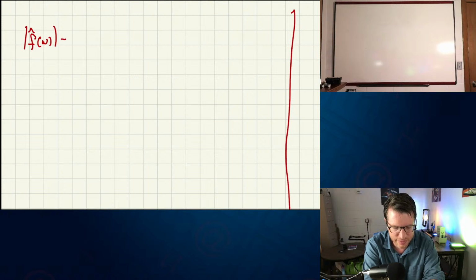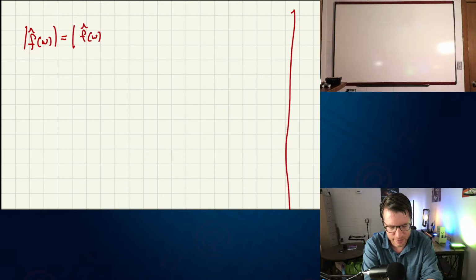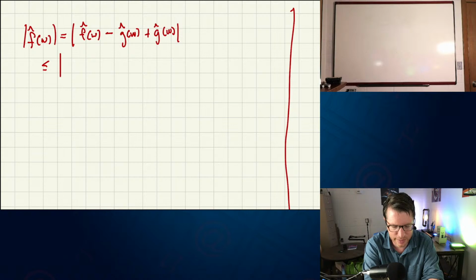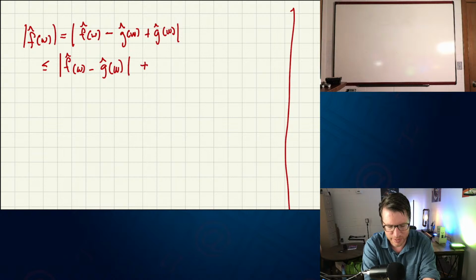So this is equal to f hat of omega minus g hat of omega plus g hat of omega. There we go. And using the triangle inequality, we are going to end up with this. So this is less than or equal to the absolute value of f hat of omega minus g hat of omega plus the absolute value of g hat of omega.